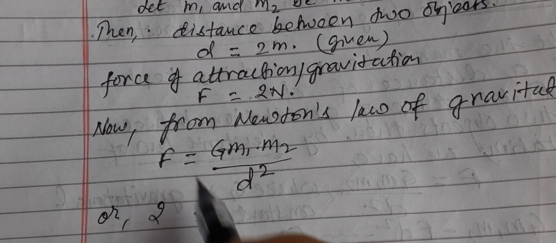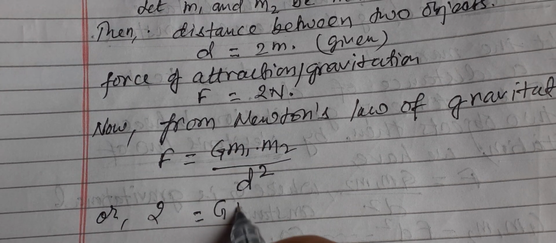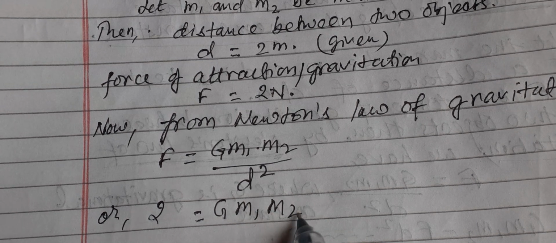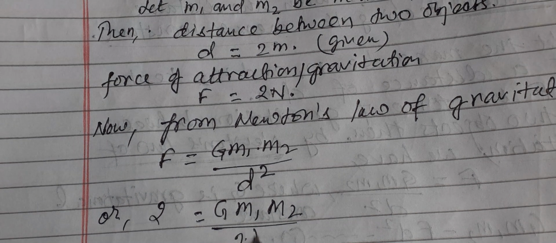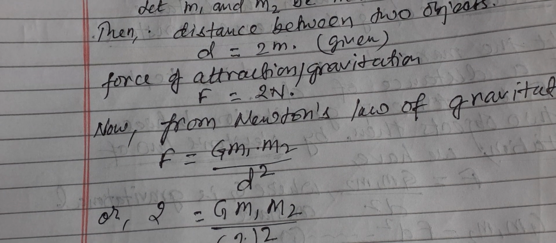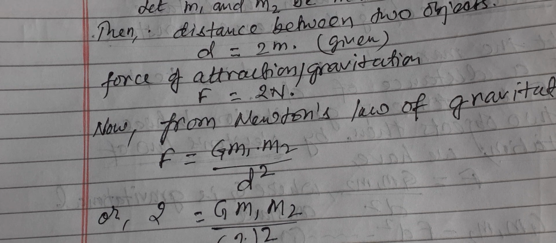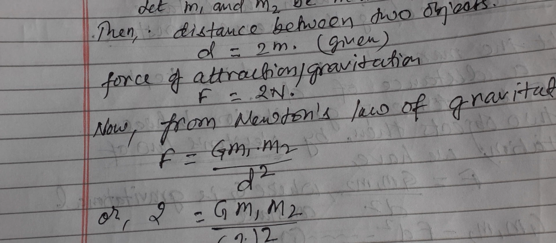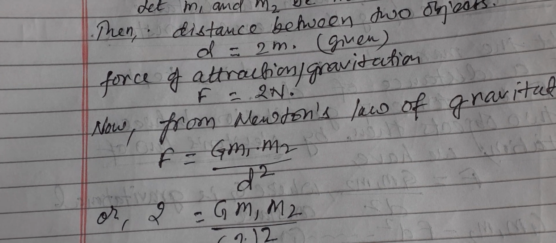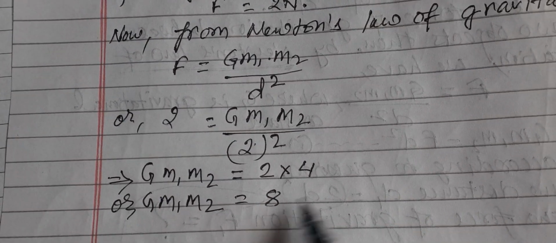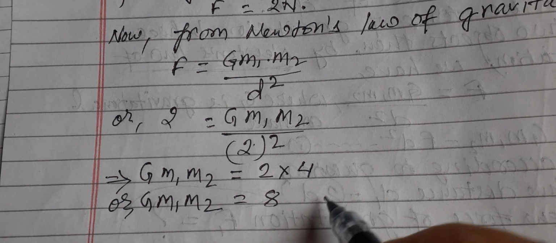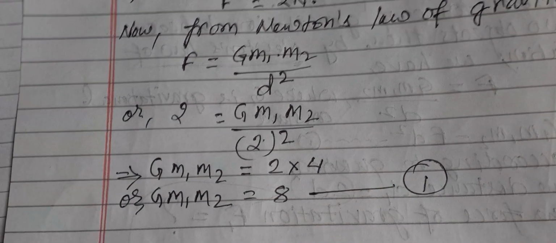F equal to 2, G is constant, M1 is also constant, M2 is also constant, and the value of d is 2 square. So on simplification, this gives the constant quantity G M1 times M2 equal to 2 times 2 to the 4, that is 8. Okay, G M1 M2 equal to 8. So this, let it be I.